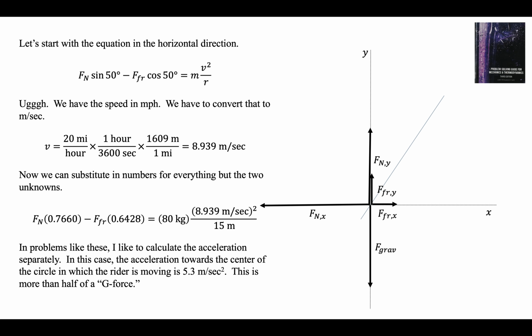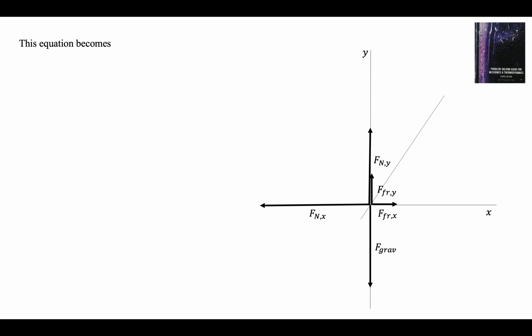So there it is. In problems like these, I like to calculate what the acceleration is, just because I'm curious. What do you think the acceleration of the rider is? It's 5.3 meters per second squared towards the middle of the circle, which is more than half a g. More than half the acceleration due to gravity, which is significant. You certainly feel it.